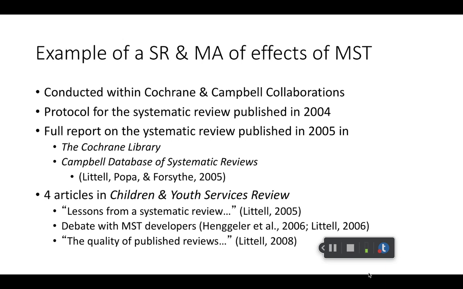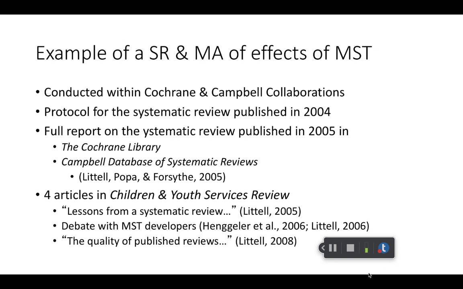Cochrane works in healthcare, Campbell works in the fields of social care. Our protocol for the systematic review was published in 2004. A full report on results of the systematic review was published in 2005, simultaneously in the Cochrane Library and in the Campbell database of systematic reviews.